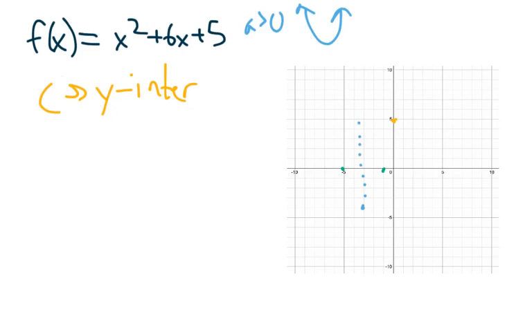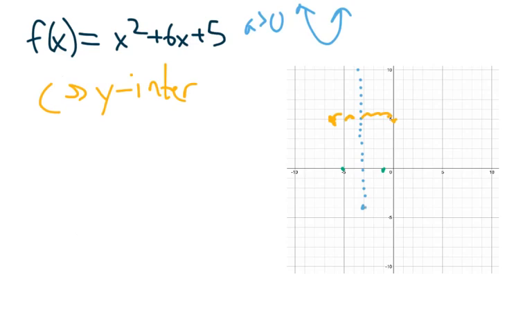Not the best line I've drawn. Let me try that again. If this point is 3 spots away, I can go 3 spots away on the other side and get another point. Now I've got 5 points.